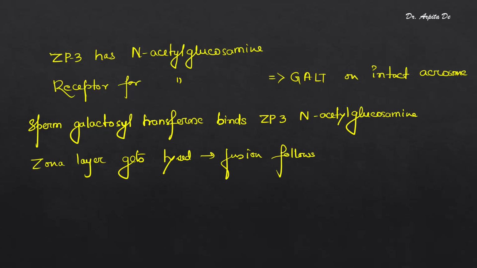What will happen due to this cross-linking? This cross-linking will activate specific G proteins in the sperm membrane. And what will happen? It will initiate a cascade of events. It will open the membrane calcium channels, and it will result in calcium-mediated exocytosis of the acrosomal vesicle.